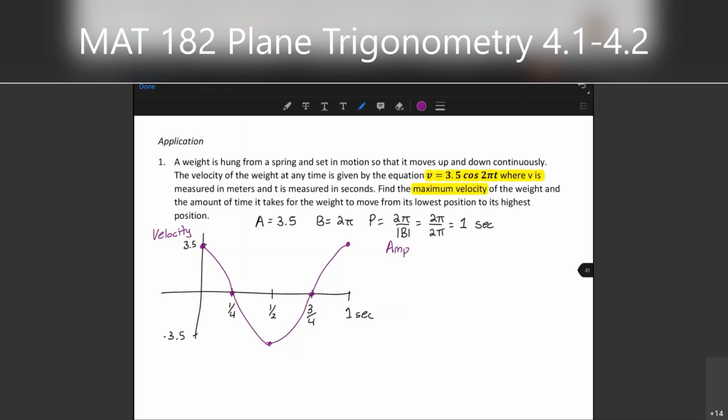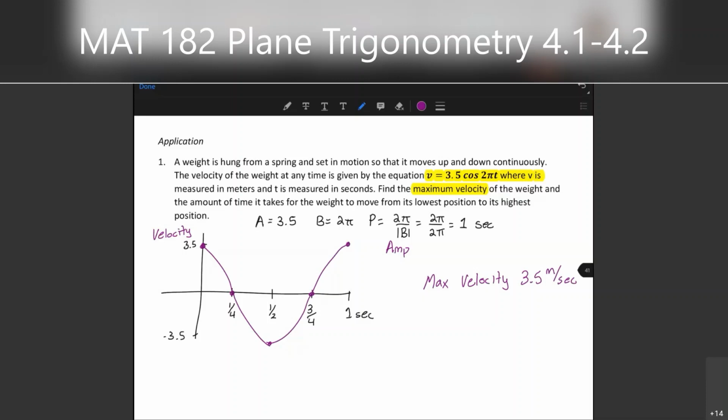Yep, exactly. Maximum velocity will just be that 3.5. And in our units here, measured in meters per second. You can say 3.5 meters per second.